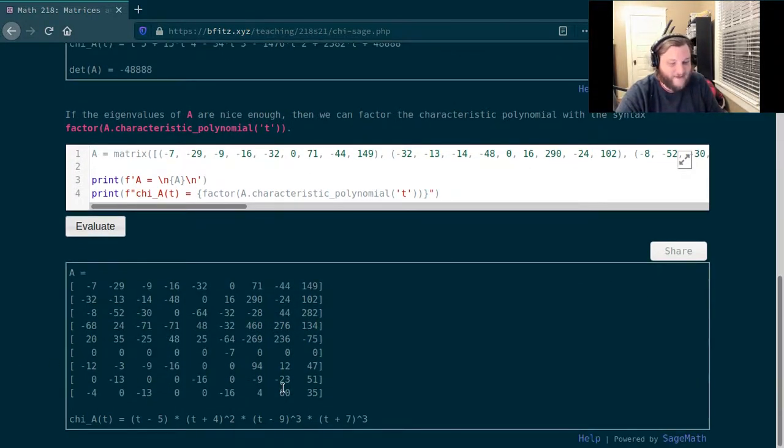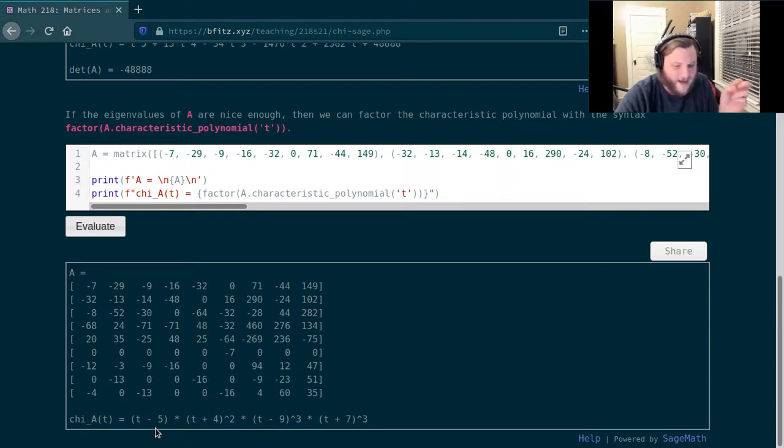So I see that I've input some terrible matrix, but as luck would have it, this characteristic polynomial factors rather nicely. It factors as t minus 5, multiplied by t plus 4 squared, multiplied by t minus 9 cubed, multiplied by t plus 7 cubed. What did we say the size was? 3, 4, 5, 6, 7, 8.